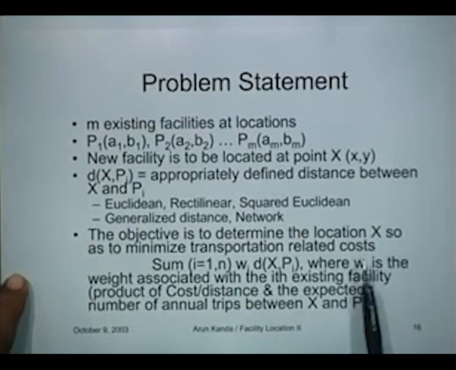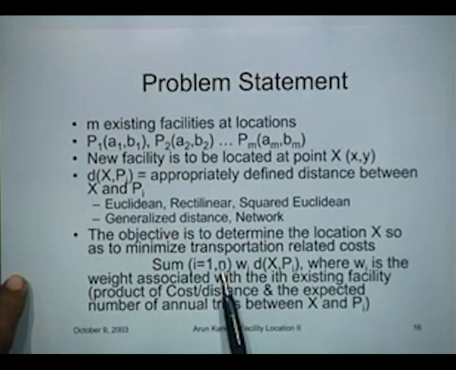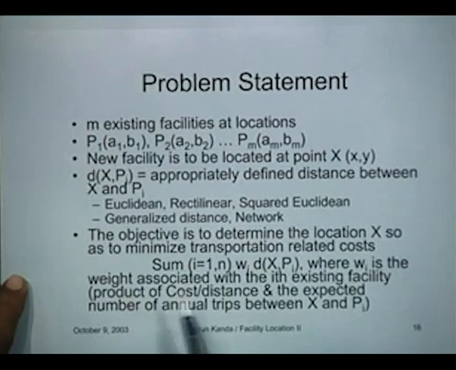And what are these transportation related costs? The transportation related costs are the summation from i equal to 1 to m of Wi into d(x, Pi), where Wi is the weight associated with the ith facility, which is the product of the cost per unit distance and the expected number of annual trips between x and Pi.